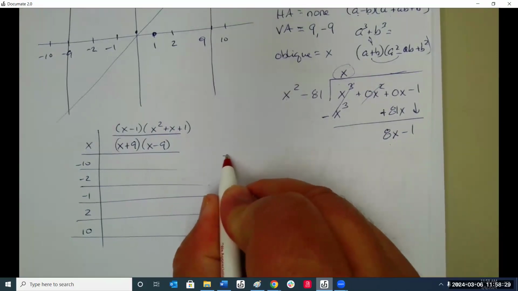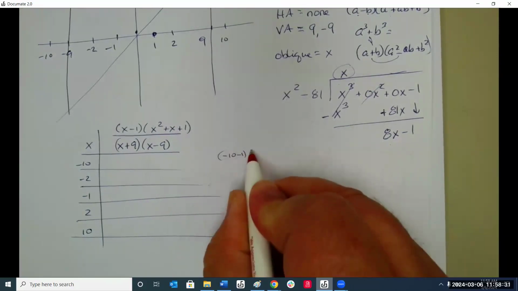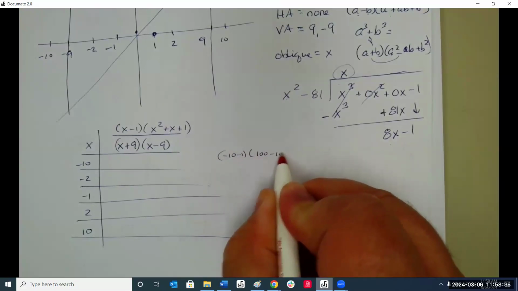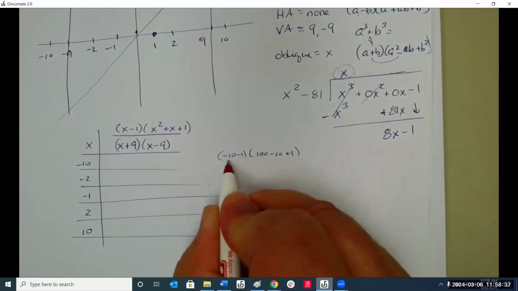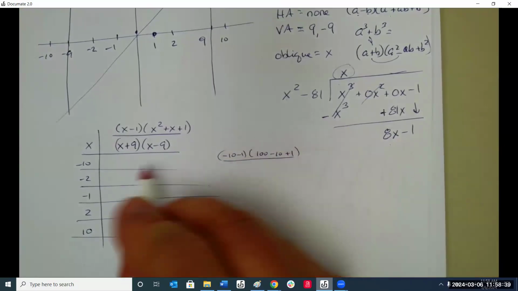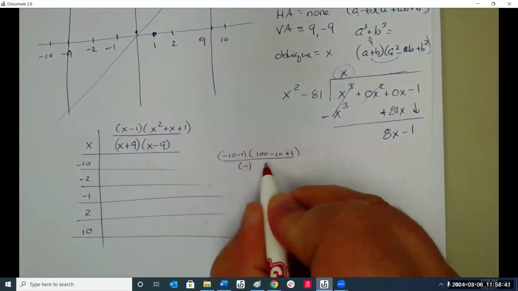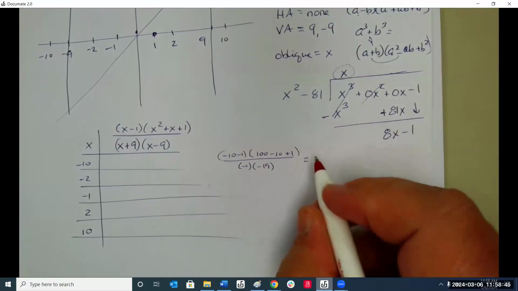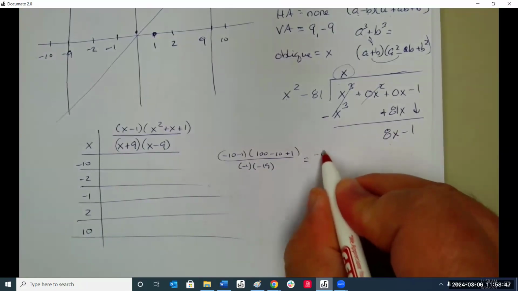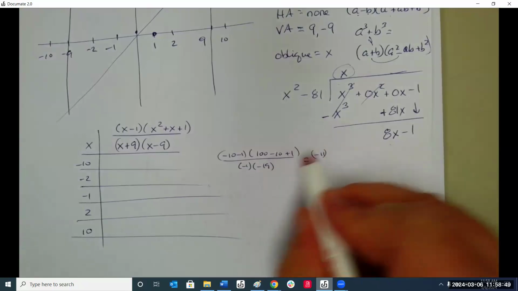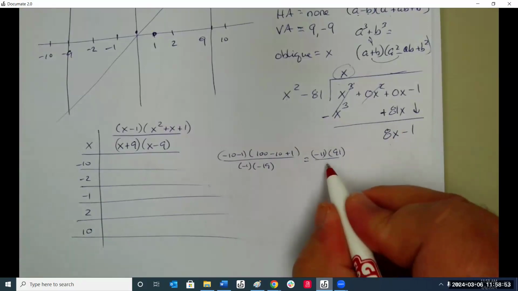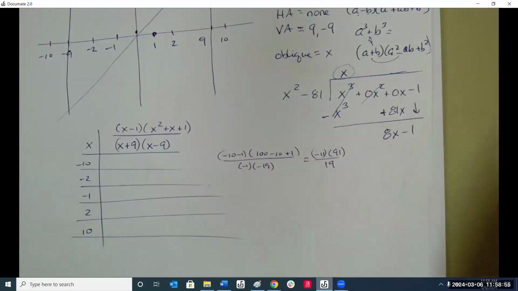So we have -10 minus 1, 100 minus 10 plus 1. -10 plus 9 is -1. So we have -11, 91 over 19.